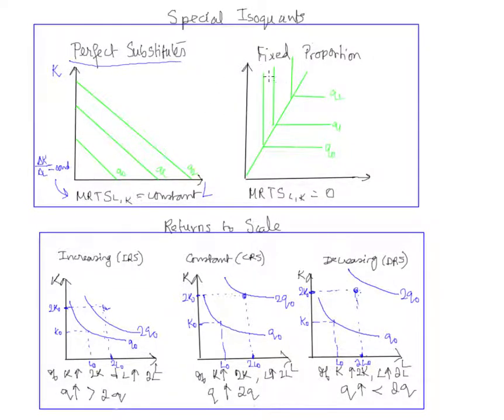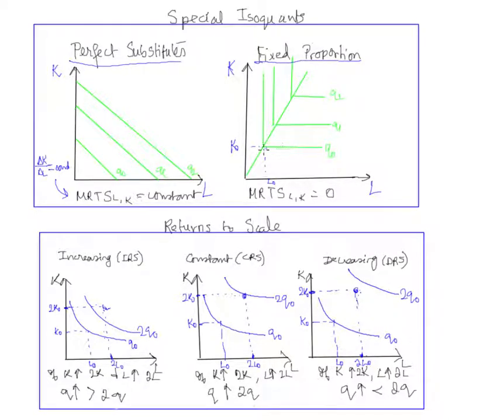On the other end, we have a fixed proportion production function where the isoquants are L-shaped. Again, since these are isoquants, we are measuring labor and capital, but they are L-shaped. That means suppose you have K0, L0 combination that produces Q0.